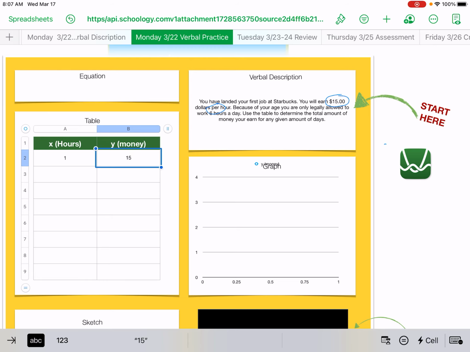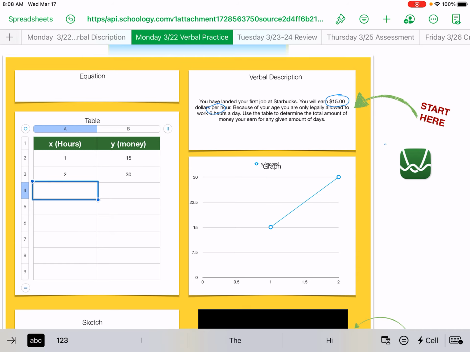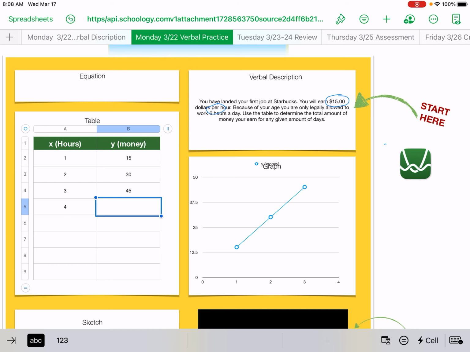This is like your in and out, input and output charts that you used in 4th and 5th grade. So if I input 2 hours, then I'll make 30. And then if I input 3 hours, 45. 4 hours is 60.